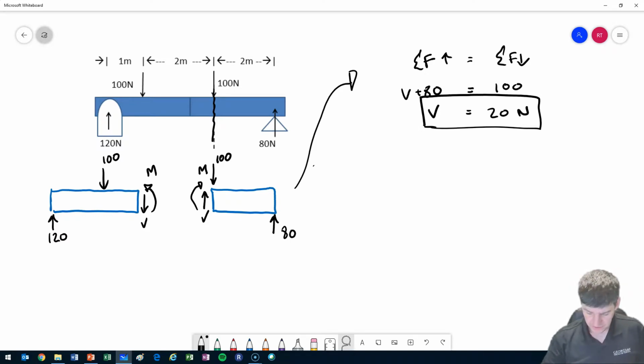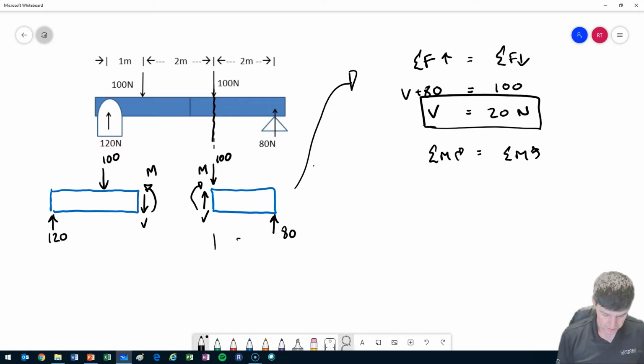We also have our sum of moments. One direction has to equal our sum of moments in the other direction. My whole section of beam is 2 meters in length. I take my reference point as the cut, which means both V is at a distance of 0 and 100 is at a distance of 0.